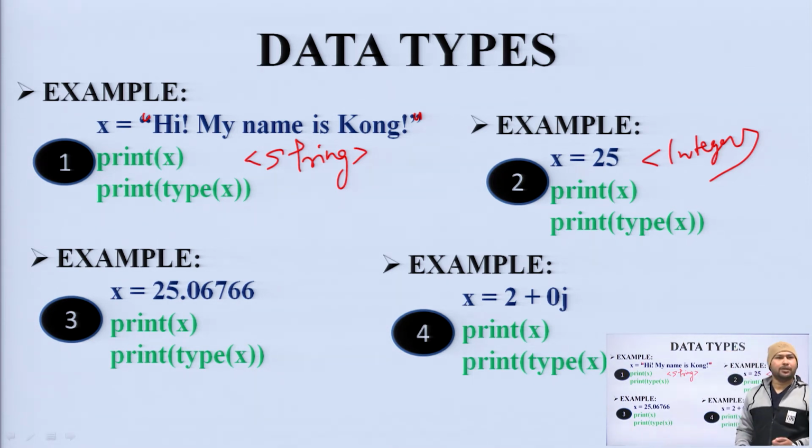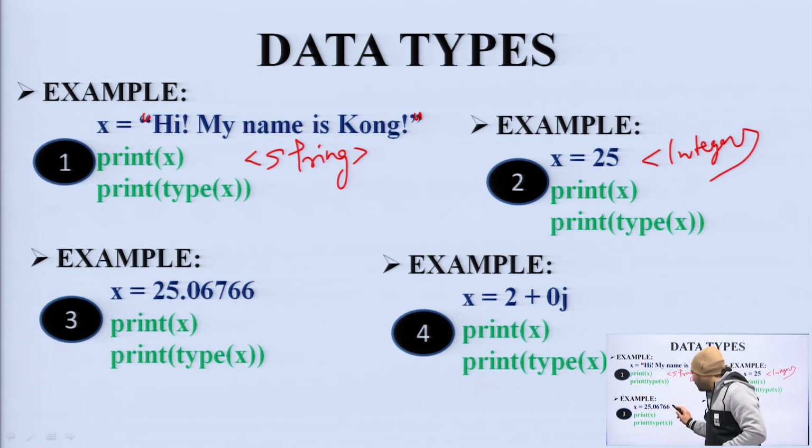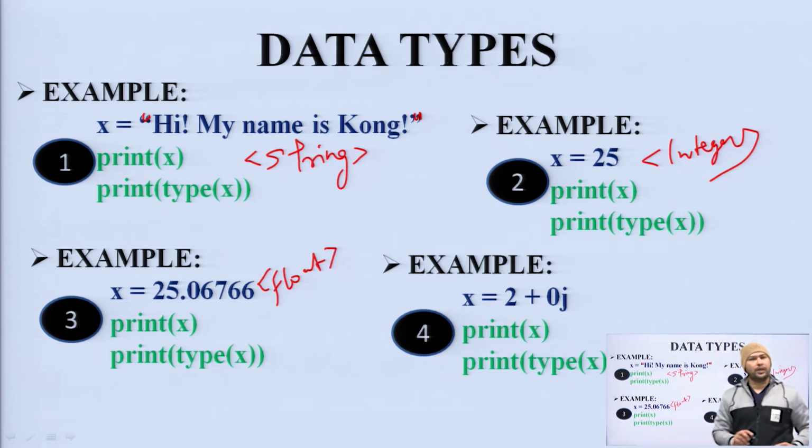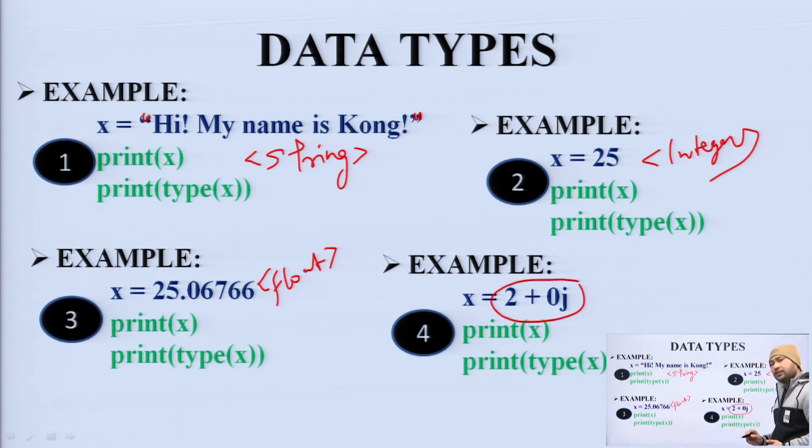Now, here the decimal part is there, and in numeric we deal with the float data type, which has this decimal part. So, whenever the number with the decimal part is there, you can say that data is the float numeric data type. Similarly, the next one you can see here 2 plus 0j.